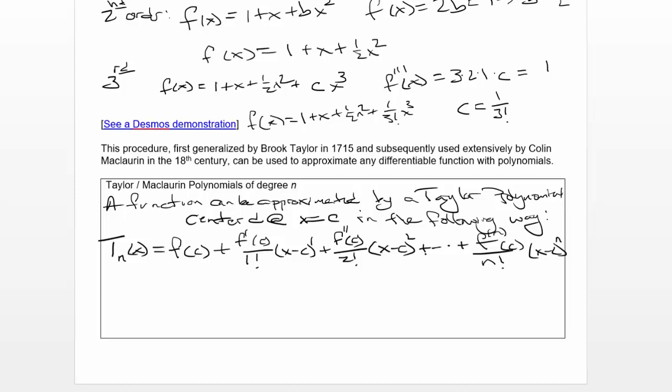This is the same process we used to come up with the polynomial in the example above. We note that if the center is 0, these are called Maclaurin polynomials.